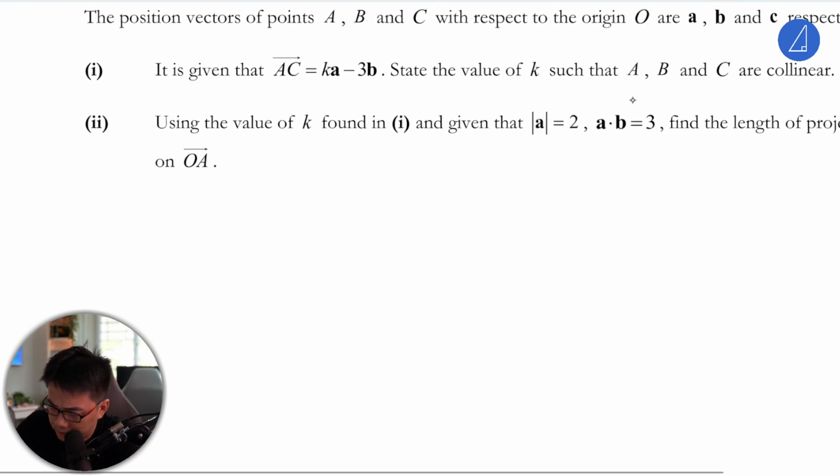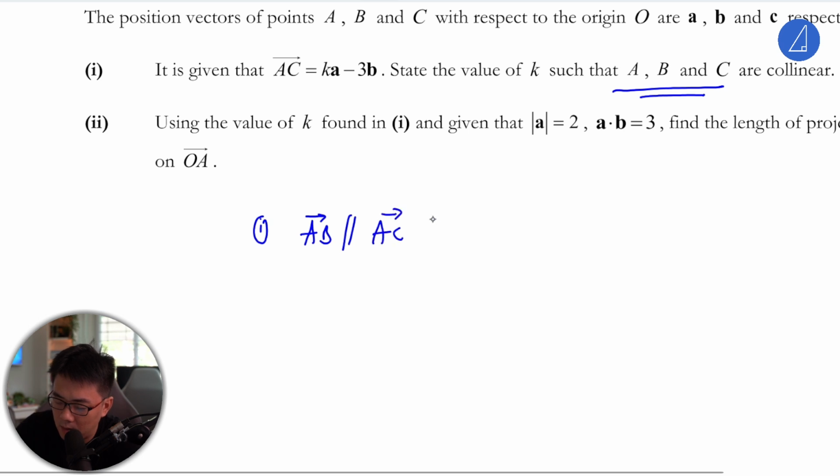If they're collinear, what we can do is just put AB is parallel to AC. Essentially, with them being parallel, we could just write AB equals k AC, and so on, for any two points.